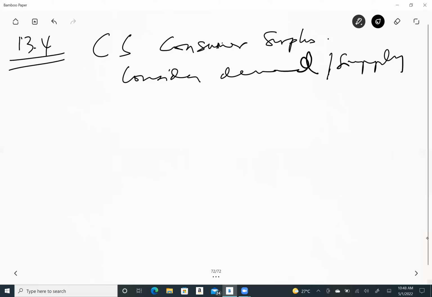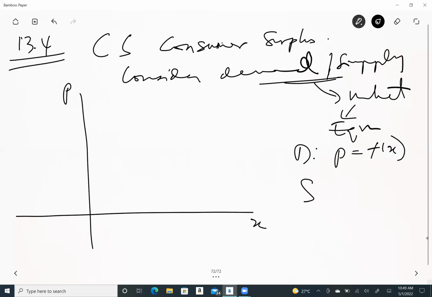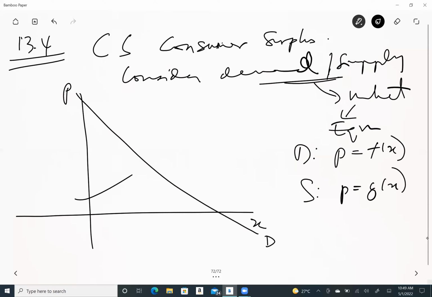And we know the interaction of the demand and supply through the market, you will end up with the equilibrium. You have the market price, market quantity. So if I draw the diagram, what you will have is this. The demand function, P as a function of X, and supply P as a function of X. You have the demand function going down, supply function going up like that.